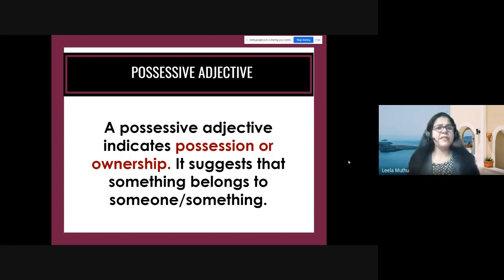Now, first of all, you should know the word possess. To possess something means that something belongs to you, or to own something. So the word possessive or possession always deals with ownership. So possessive adjective indicates ownership or possession.